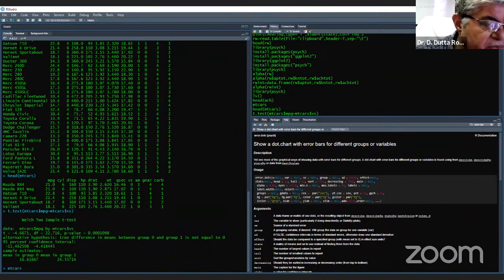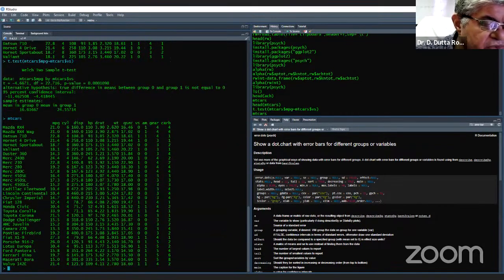So if I write down mtcars, you will get different characteristics of the cars. So these are the variables. str(mtcars). Please write it down somewhere.